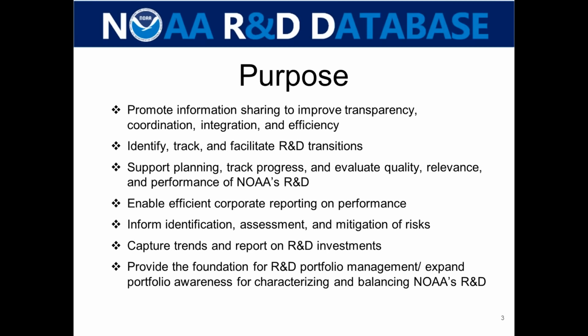Inform identification and assessment, capture trends. So one of the data fields is readiness level, and there are 9 different readiness levels. There's a NEO out there on what they are, 1 through 9. So let's say you enter a project and it's in its early stages of research. That would probably be a readiness level of 2 or 3.